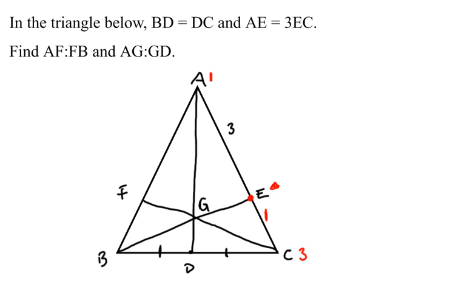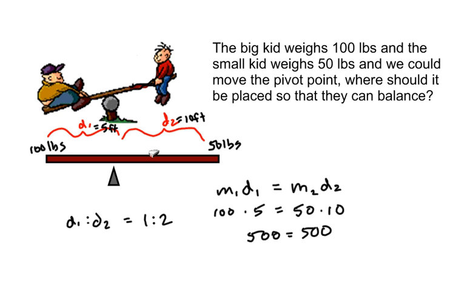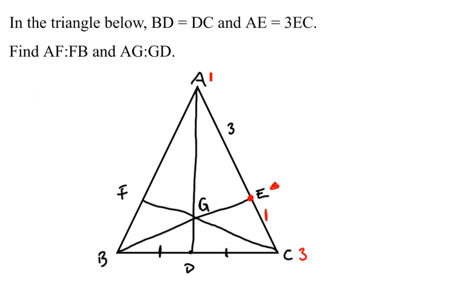Now if we go back to our teeter-totter example, our total mass on this thing was 150 pounds. We just add the 2 mass points. We're going to do the same thing here. So at E, we're going to have the sum of 3 and 1, which is 4. So we're going to put a 4 right here by our E. Now down here, these are equal, so they were at a 1 to 1 ratio.